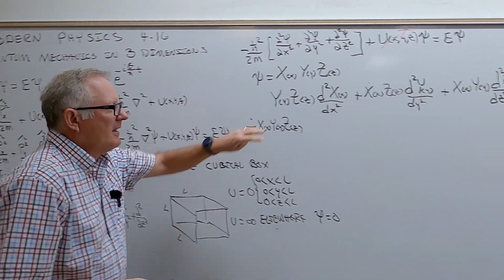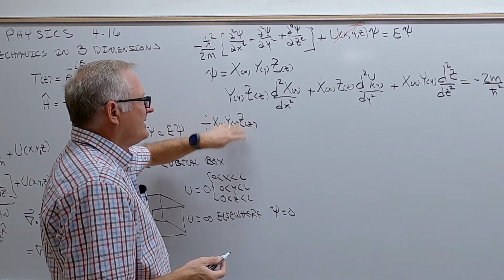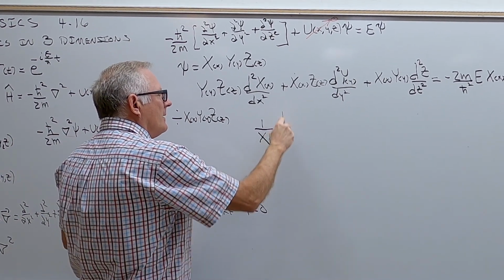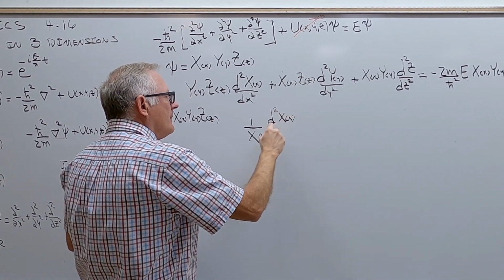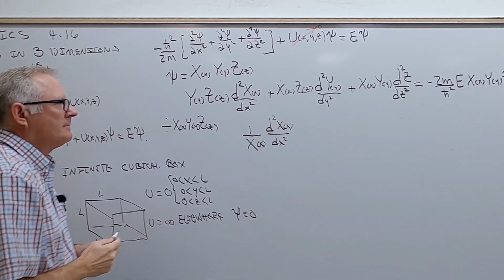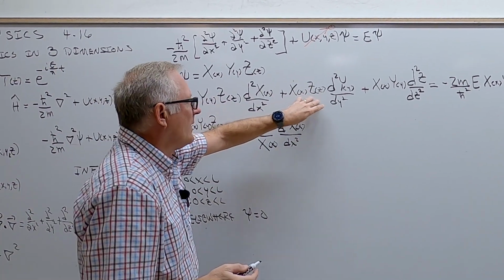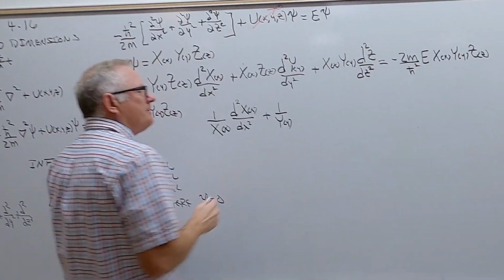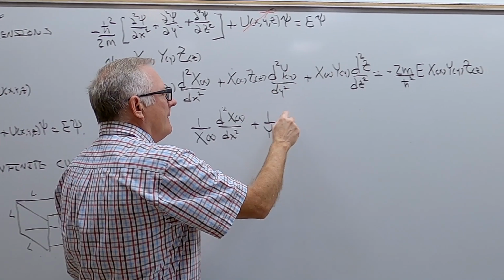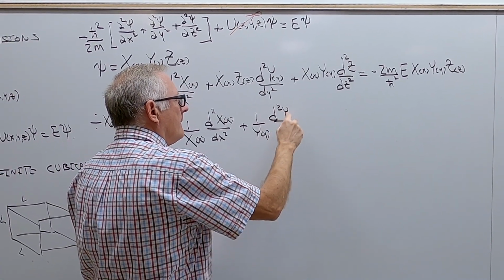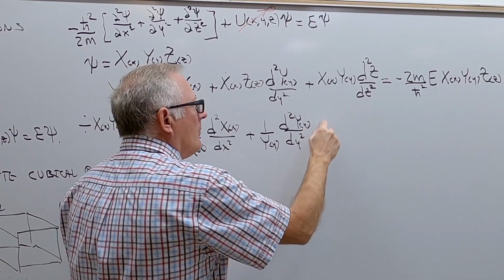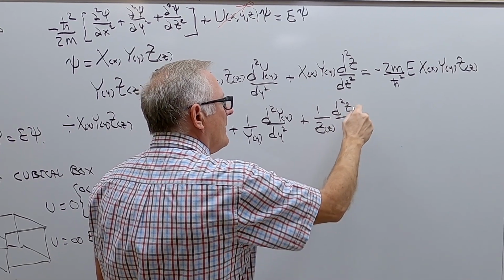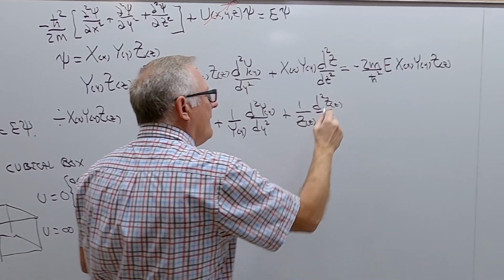If we do that, we just get 1 over x sub x, d squared x sub x, dx squared, plus 1 over y sub y, d squared y sub y, dy squared, plus 1 over z sub z, d squared z sub z with respect to z squared.